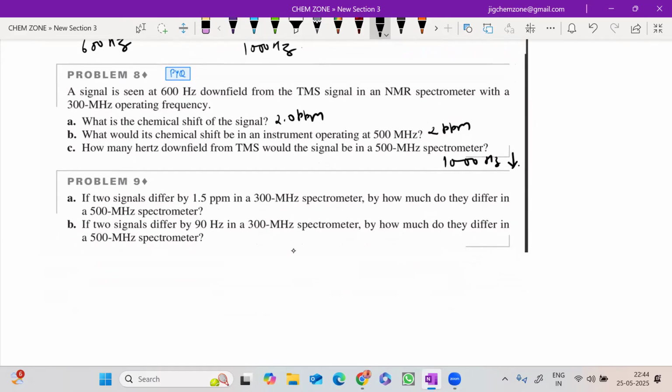For 9, 1.5 ppm and 150 hertz is the answer. Correct? If you have any sort of doubt in solving these problems, you can ask.